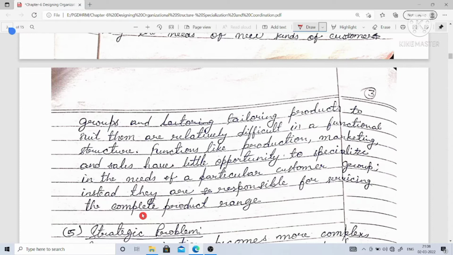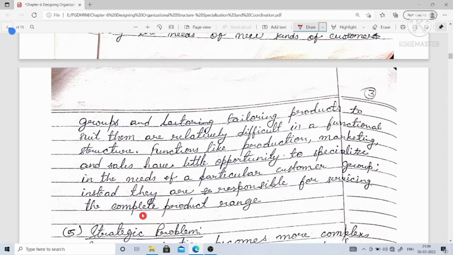If the organization has to service a new group of customers, then in that case tailoring the products, it means designing and manufacturing the products according to the needs of the new group of customers, becomes very difficult because the organization should change the product and services according to the demands of a new group of customers.